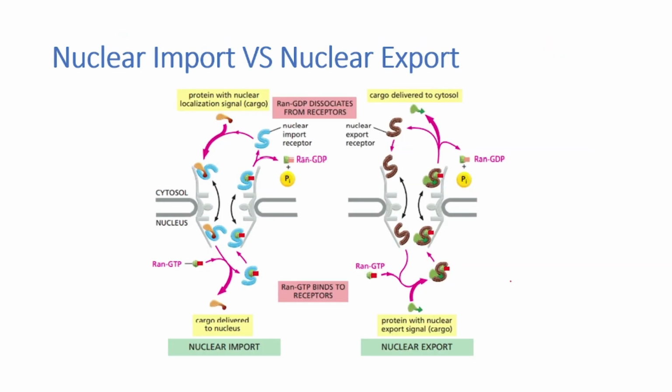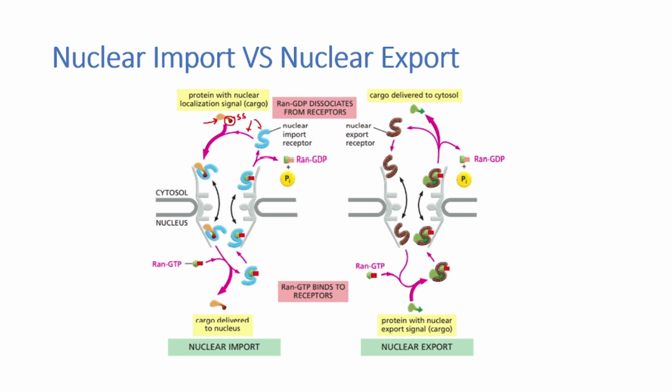So here I have shown a comparative analysis of how nuclear import takes place versus how nuclear export takes place. As you can see, suppose you need to import a protein, what will happen? This is the protein that needs to be imported, and here within its tail you can see this is a signal sequence, SS. It first binds to the nuclear import receptor, this blue one.